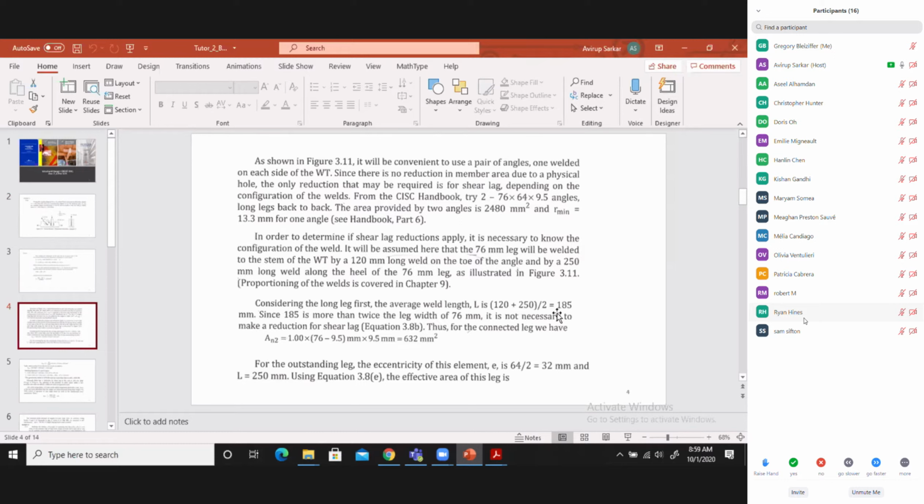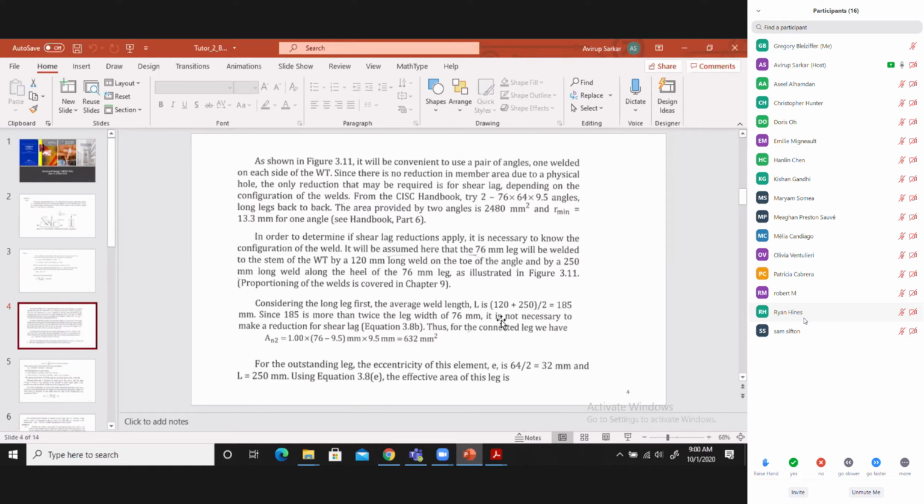Now there is a clause given in equation 3.8b in the code which states that if the average length of weld is more than twice the length of the side, that is 76 mm, then it is not necessary to make a reduction for the shear lag.